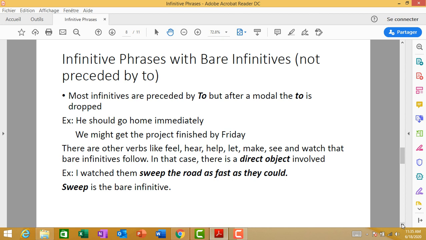Anytime you have a modal, for example, may, might, could, should, any type of verb like that, you can't put the to in front of the verb. For example, he should go home immediately. You can't say he should to go home. So when you have a modal, the infinitive has to drop the to.